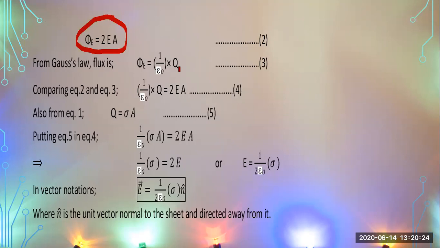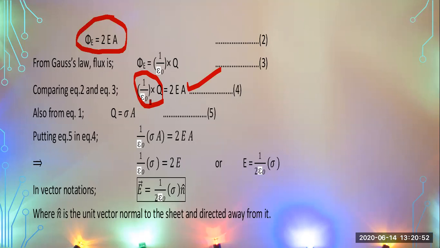If you compare these two equations, this one is Gauss's law, and this one you have calculated by using the condition of the charge sheet. Electric flux through different surfaces will change depending on their size and conditions. So here the electric flux for the infinite charge sheet with the area you have considered is 2EA.